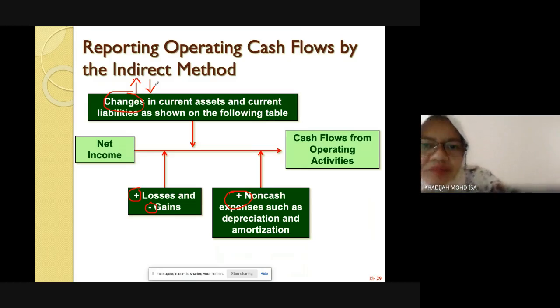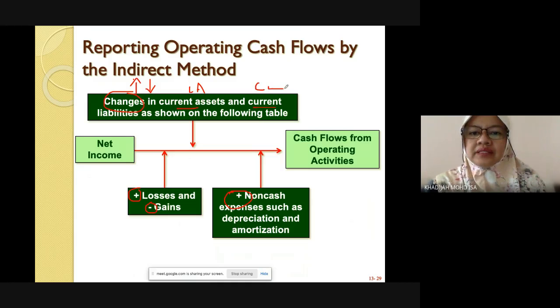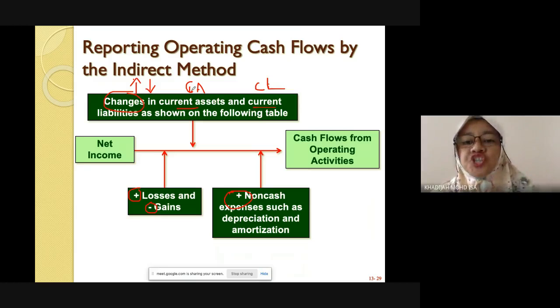How do you know the changes? You're going to compare your current asset and your current liabilities. Current asset, we put it as CA, and this one is your current liabilities. So when we say changes, we are looking at year one and year two.